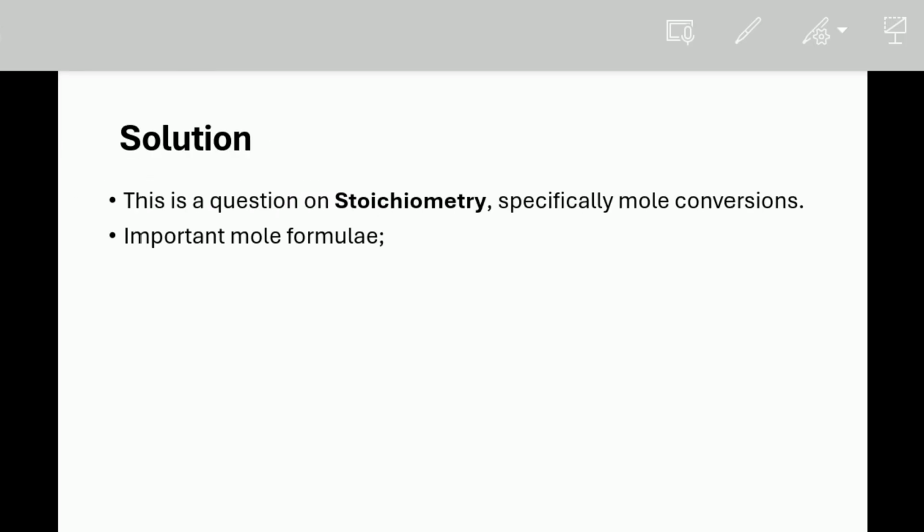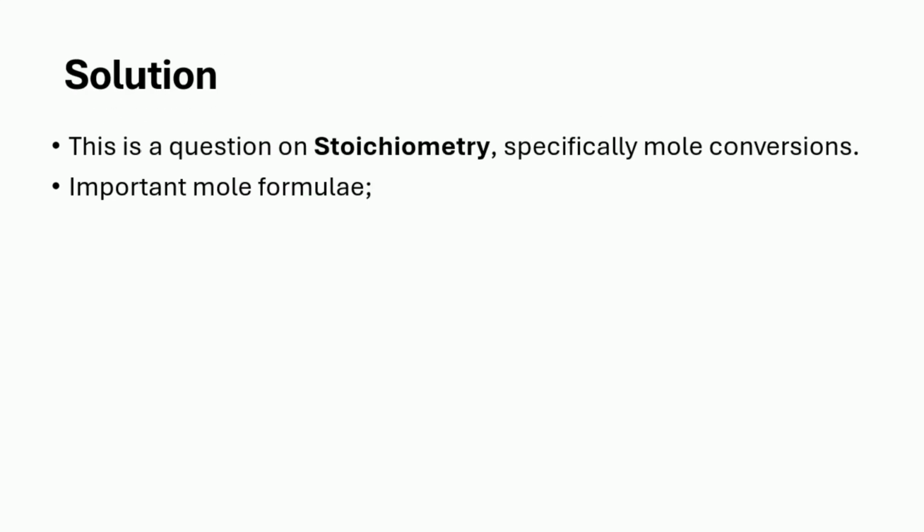As you can see here, this is a question on stoichiometry, the chemistry of calculations. So we are going to calculate in this question, and there are some important formulas you need to know to solve questions on stoichiometry generally.